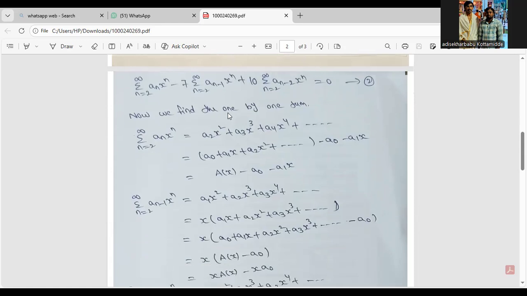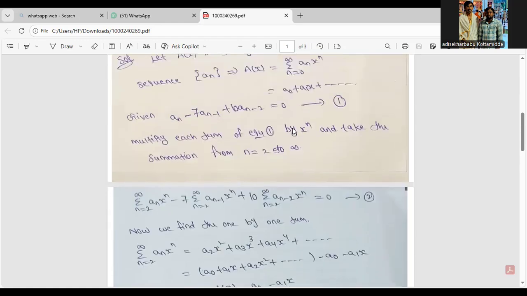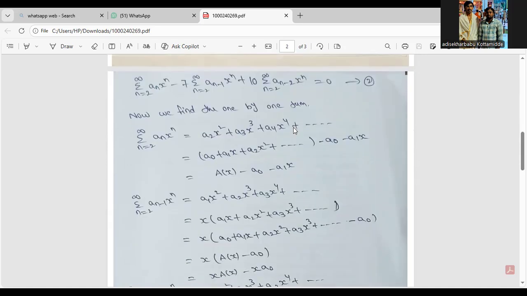Now we find it term by term. The first term is summation n equal to 2 to infinity a_n x^n. Expanding, substitute n equal to 2: a2 x squared, then n equal to 3: a3 x cube, plus a4 x power 4 and so on. What is the first term of the generating function sequence? The first term is a naught, plus a1 x. Here a naught and a1 x are missing, so add a naught and a1 x and subtract a naught and a1 x.